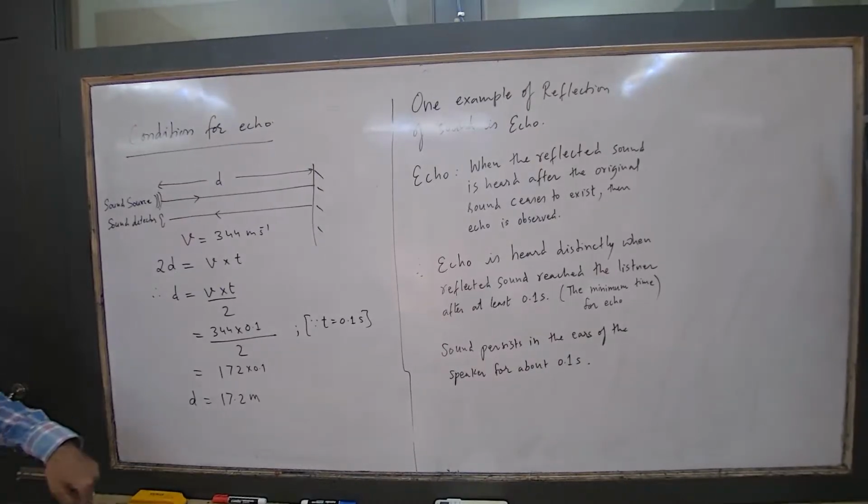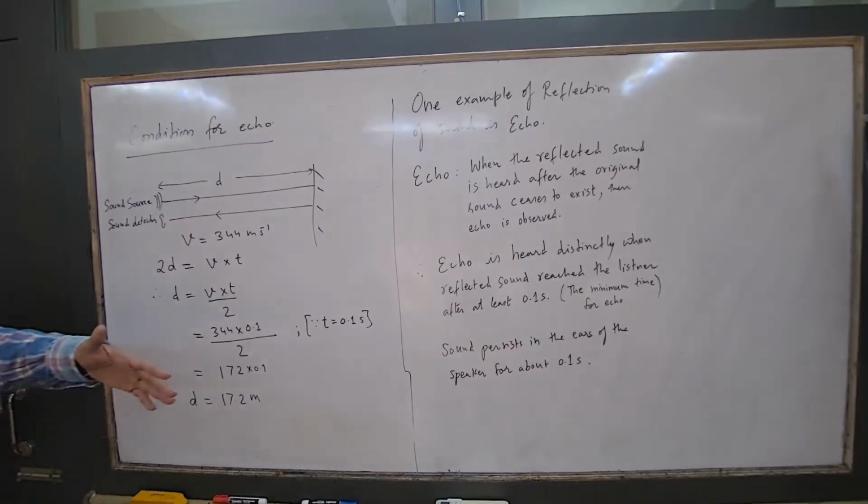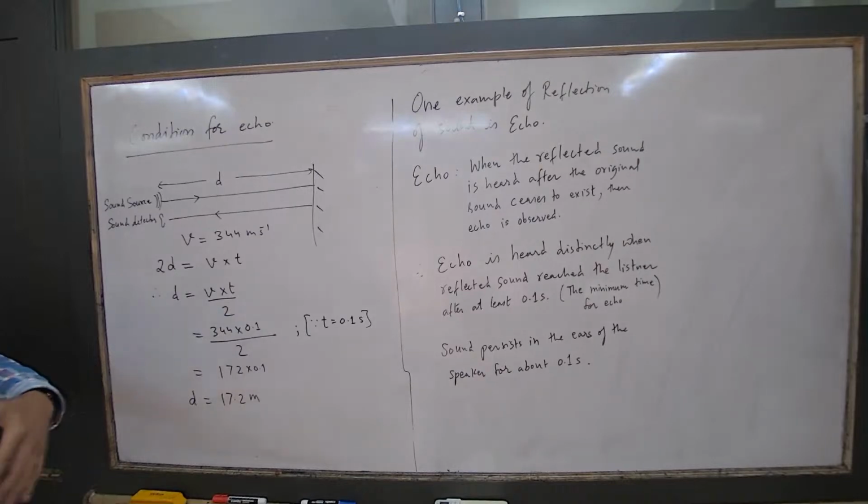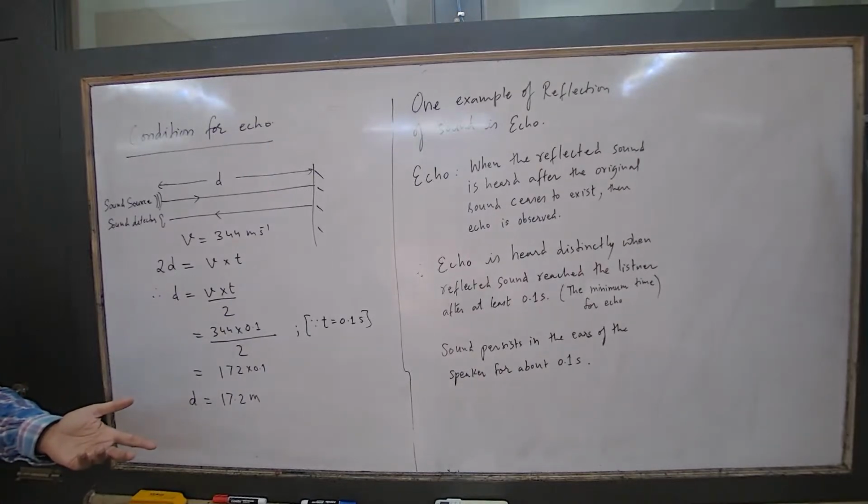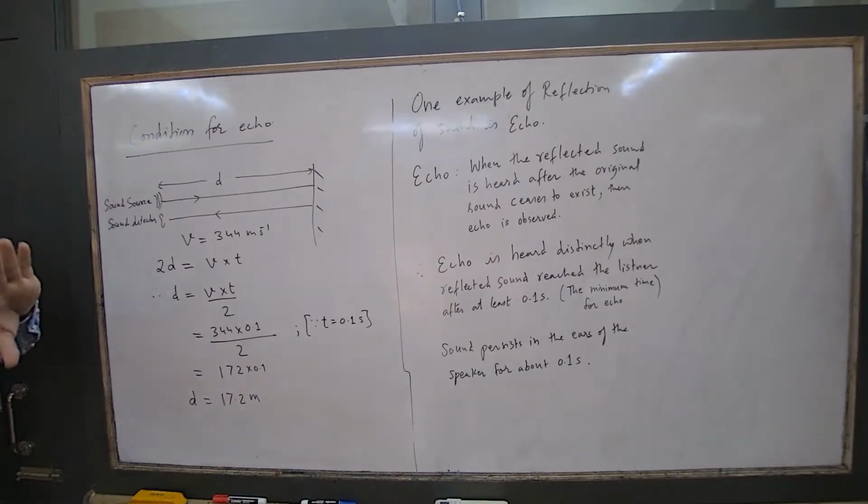But in big halls, big empty halls, cinema halls you don't hear echo because you have some provisions. We are going to study that now. Yes. Sound absorbing materials are put. Soft boards, curtains, all the furniture. So everything absorbs sound. So when I'm speaking, even this is vibrating. So it is absorbing energy.